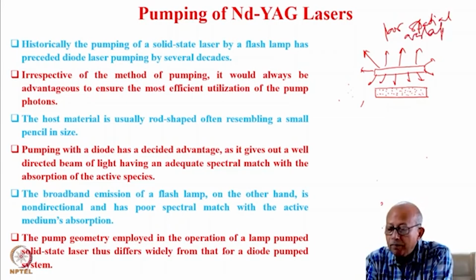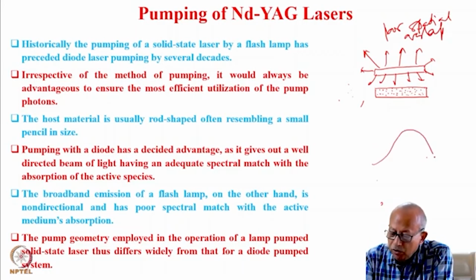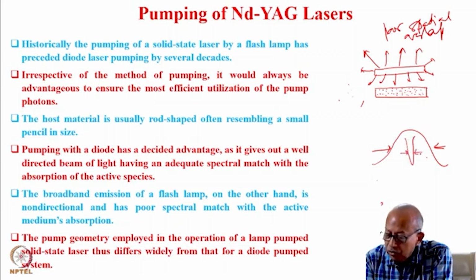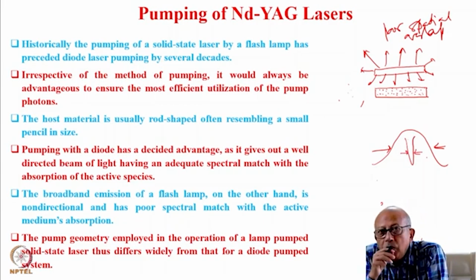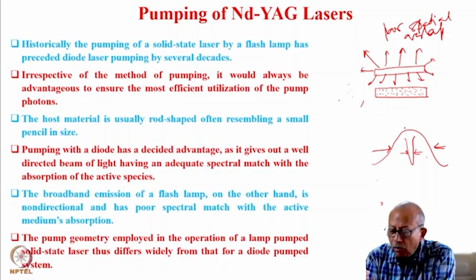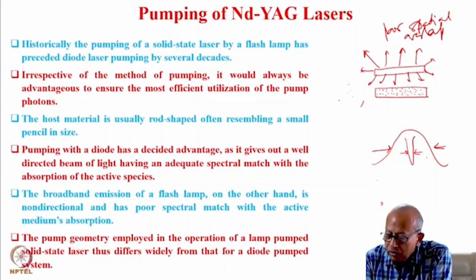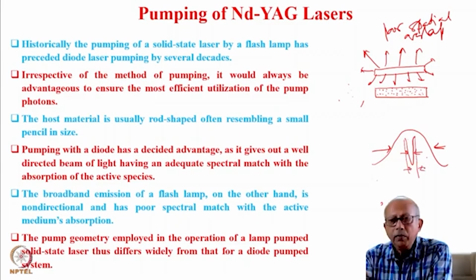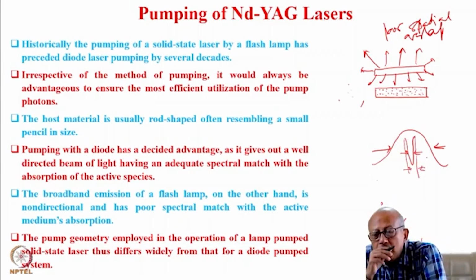And that is not all. Because it is a conventional source of light, its emission will be very wide. And in comparison, you consider the absorption feature of these absorbing atoms. Only a small fraction of photons of this flash lamp, which lies within this frequency domain of the absorption, will be absorbed by these atoms.